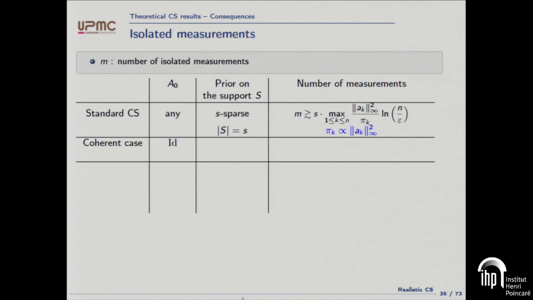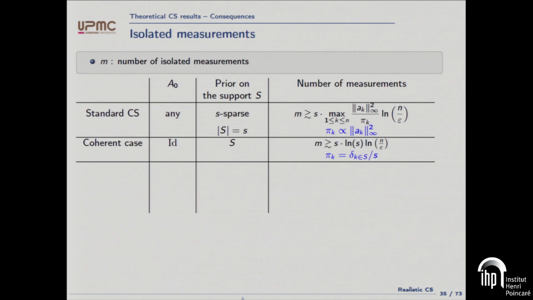Let's say that you have a heavy prior on the support. Let's say that you know your support. So if you know your support, then you can uniformly sample on the support, which is natural, right? And then you will end up with the number of measurements equal to s times a logarithmic factor, which you can associate to the coupon collector effect, if you know it.